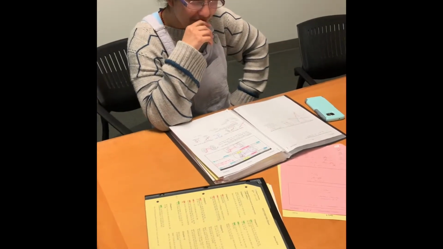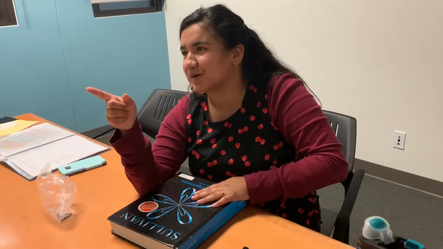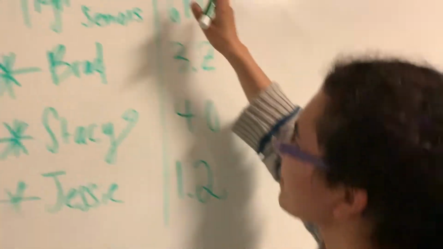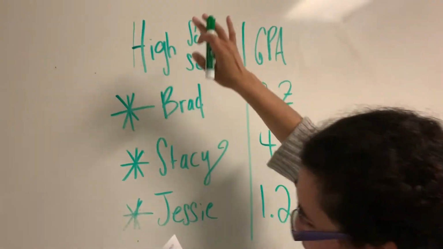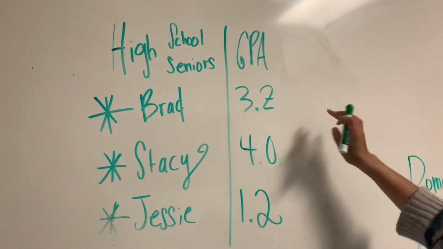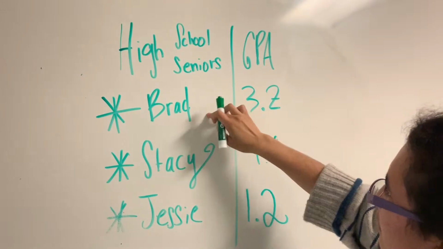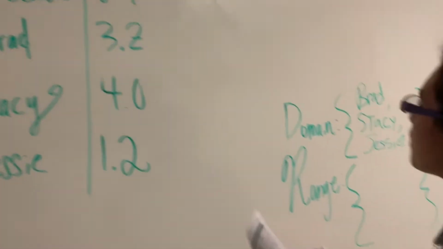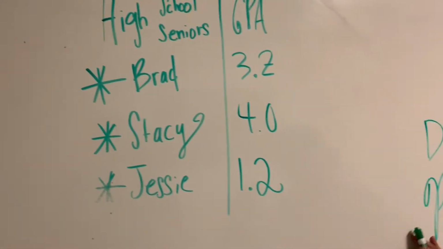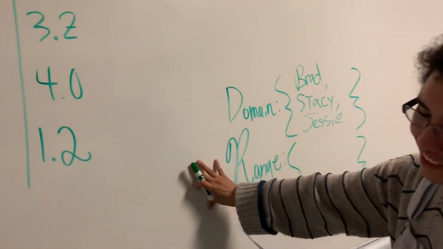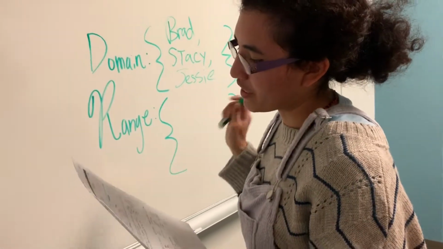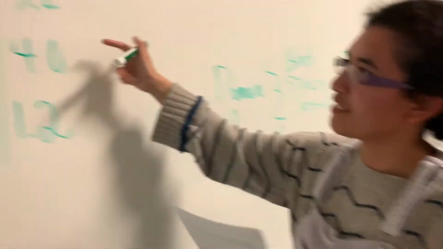Dwight? Lead us off, Dwight. So Brett and Stacy and Jesse, these are the elements that correspond on this side, high school seniors. And as you can see, there's at least one element corresponding to each side from the GPA side. So to understand what a function is, it's a correspondence between two sets, where each element in the first set is related.